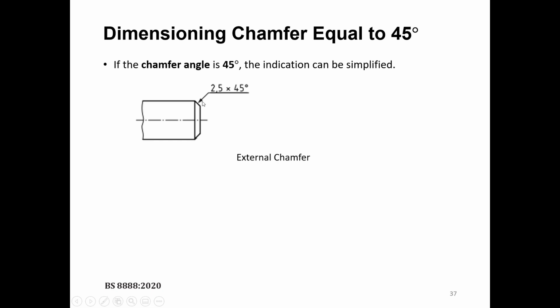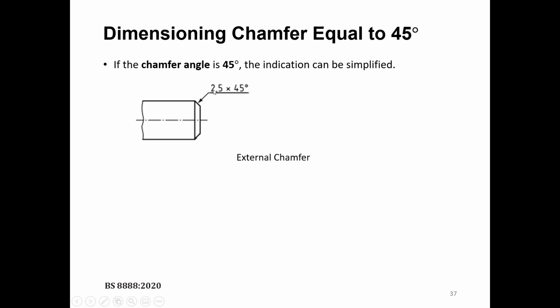So if you were to draw a triangle at this corner here, the triangle will have a distance here which is 2.5 in the horizontal direction, another distance here which is 2.5 in the vertical direction, and if you connect these two corners together, it gives you 45 degrees. And this is the way you dimension them.